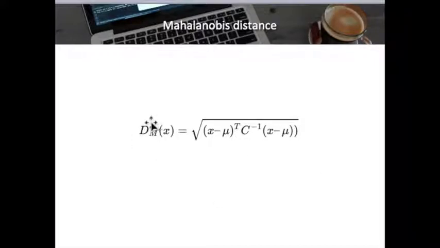The Mahalanobis distance of x is the square root of x minus the mean, transposed, times C to the power of minus 1, times x minus the mean. The mean represents the mean of this multivariate normal distribution. For the Mahalanobis distance, we assume the points to be normally distributed, and C denotes the covariance. This is how we can use covariance to define this particular distance.